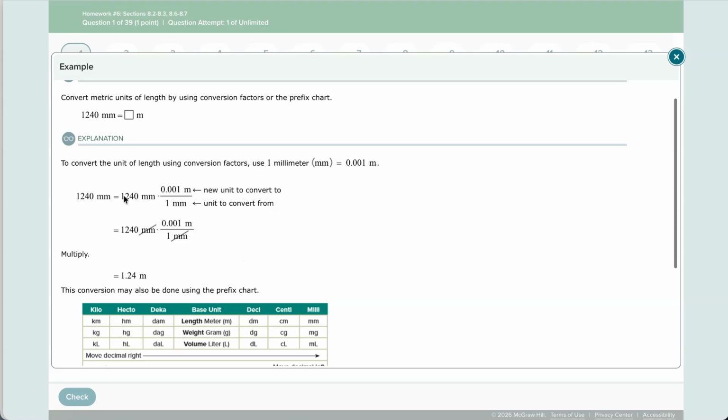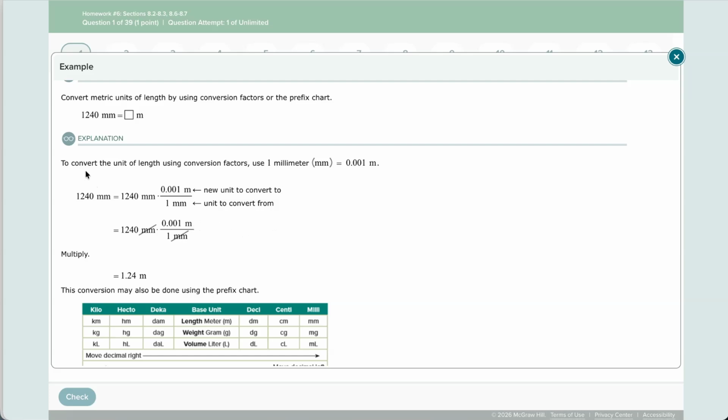So we're going from millimeters to meters. The way that I think about it is I'm going to use the equivalency, right? So if I have millimeters over here, I'm going to use the 1 millimeter equivalency, and then I'm going to end up with whatever I'm going to convert to in the numerator.